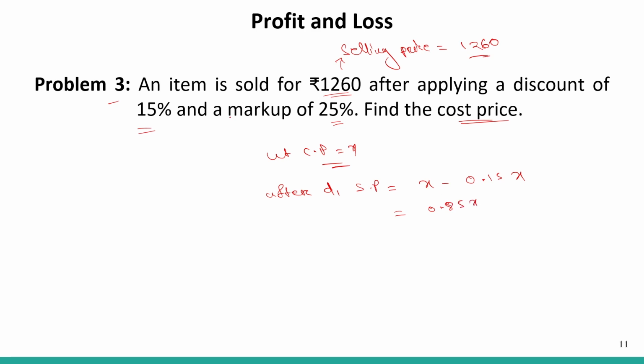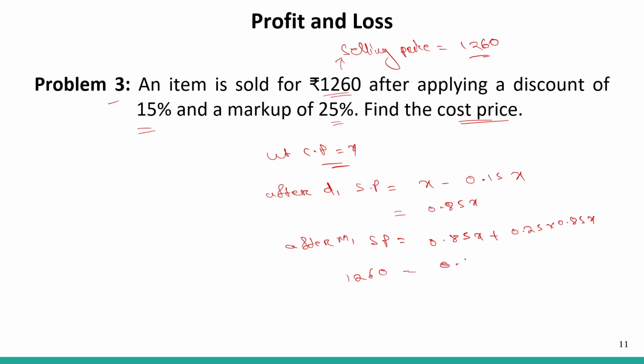So then what happens is we got a markup of 25%. So in this price, we get a markup. So after M1, that is markup 1, SP, that is the selling price, will be 0.85 X plus 0.25 into 0.85 X, right? So this amount will be equal to 1260.